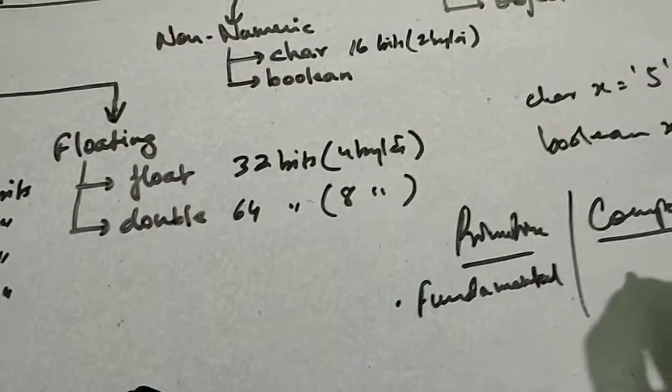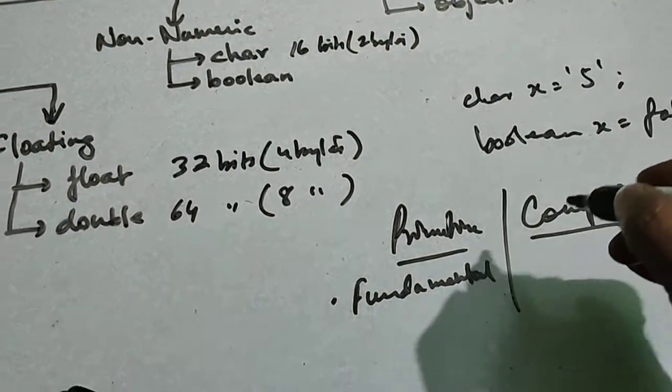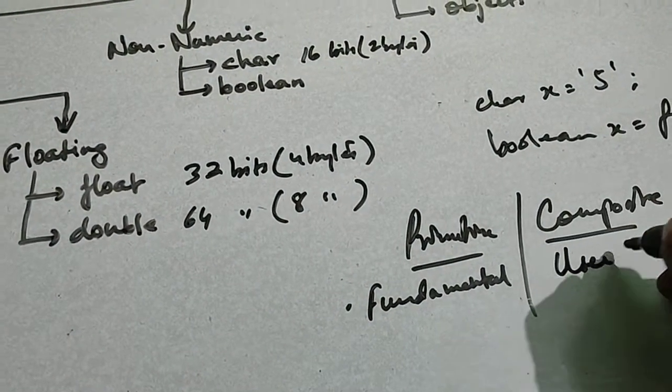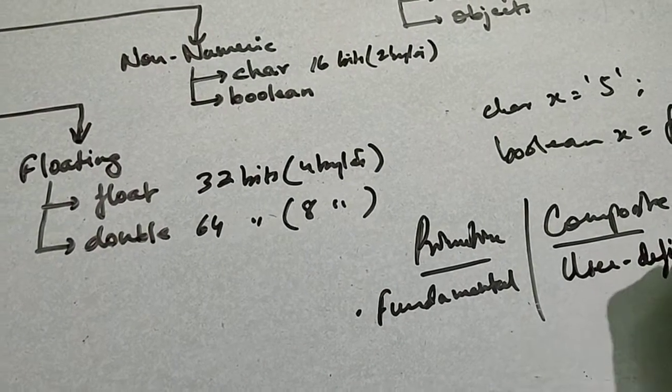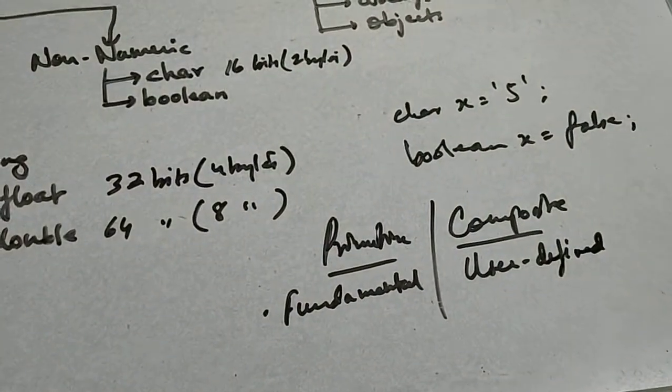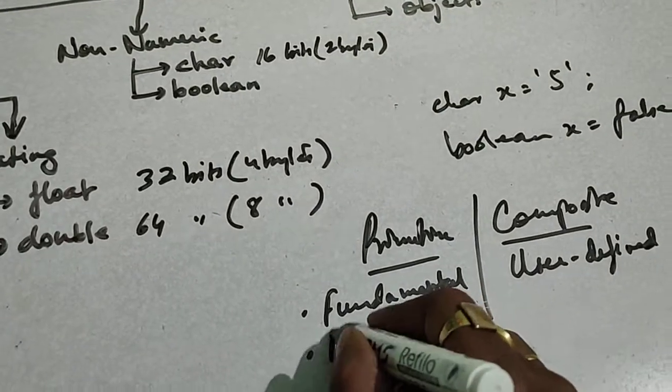Number one difference: the composite data type, as it is defined by the user, is also known as a user defined data type. The second thing is the byte size.